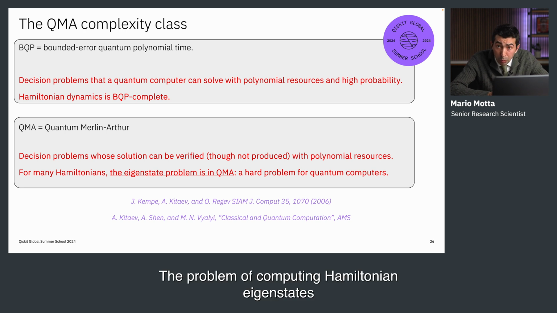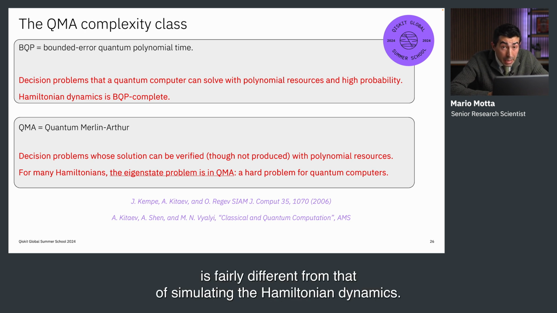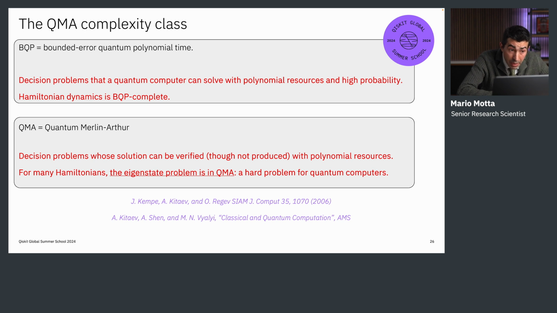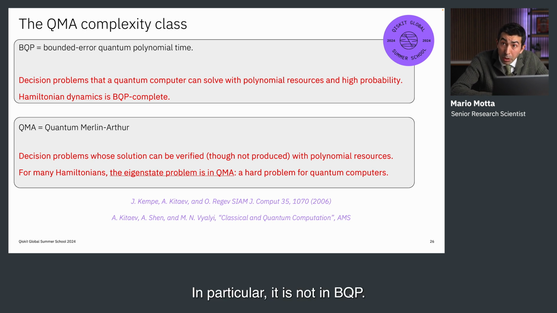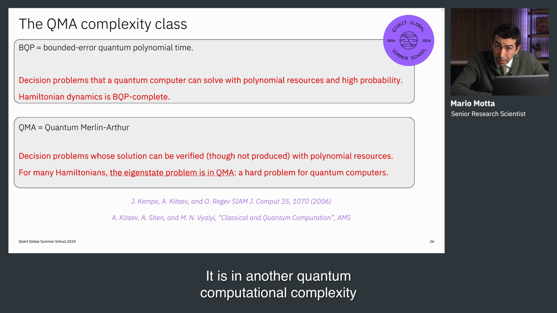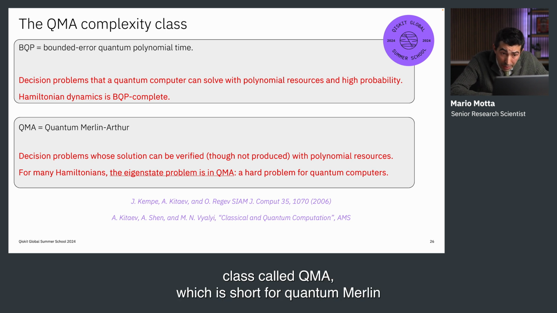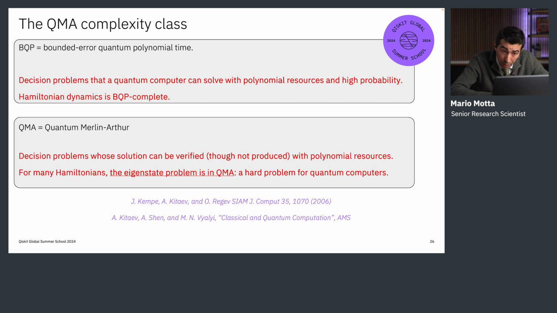The problem of computing Hamiltonian eigenstates is fairly different from that of simulating Hamiltonian dynamics. In particular, it is not in BQP. It is in another quantum computational complexity class called QMA, which is short for quantum Merlin-Arthur.